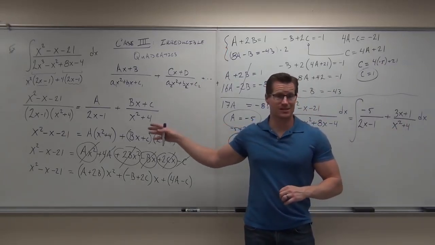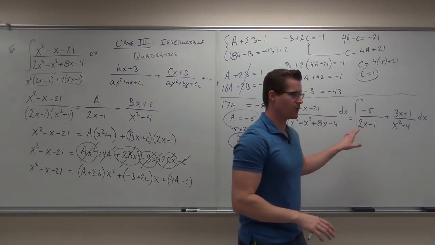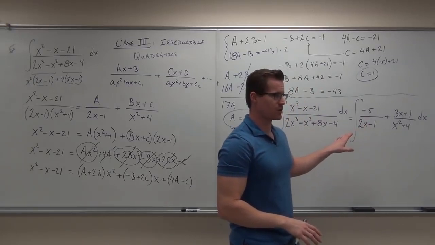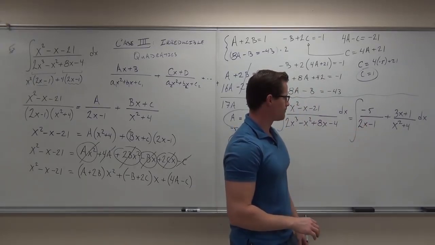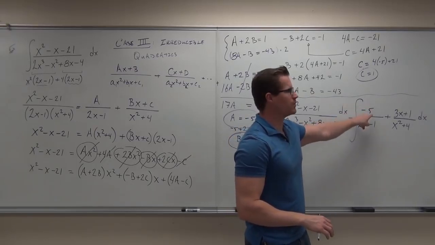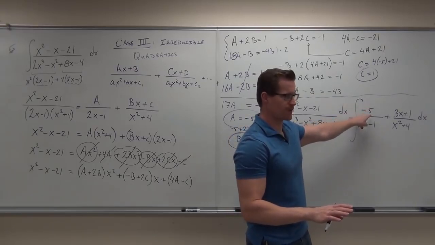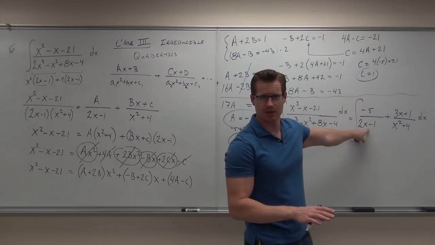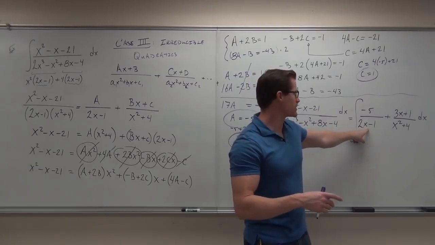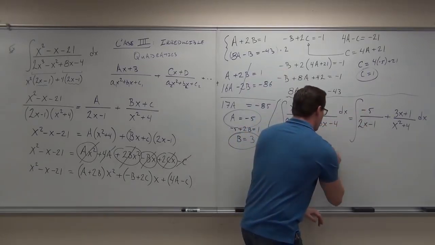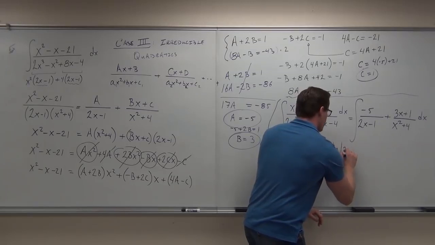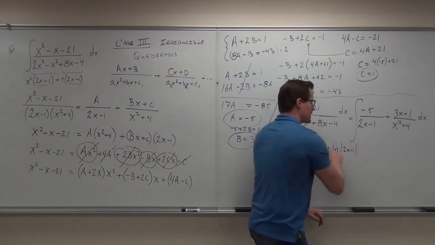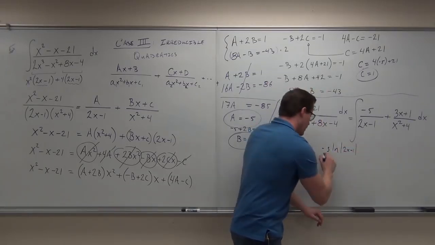So finish, feel okay with that one. Now, I've got to erase this stuff. Do you have any questions so far on this? Okay. Very straightforward. This is going to be an ln. Do you guys see it? Yeah. Linear ln. The only difference is this is not going to be -5 ln absolute value 2x minus 1. It's going to be -5 ln absolute value 2x minus 1 over 2.